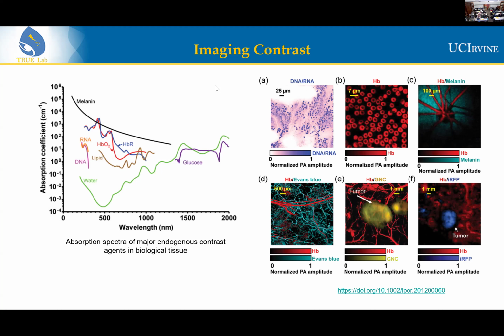If you look at the graph on the left, whenever we look at the contrast, we have to look at the absorption spectrum, right? The RNA and DNA absorption is at a very short wavelength, typically 250 to 260 nanometers.